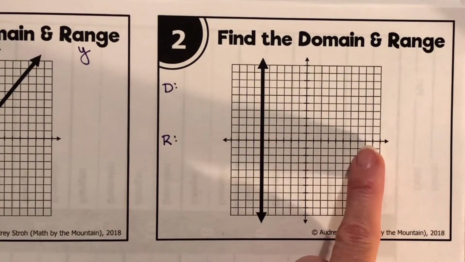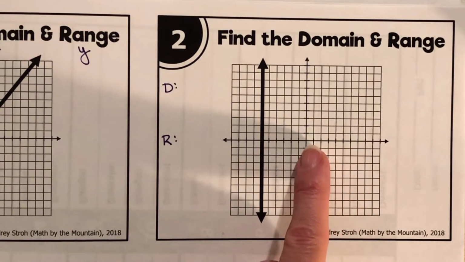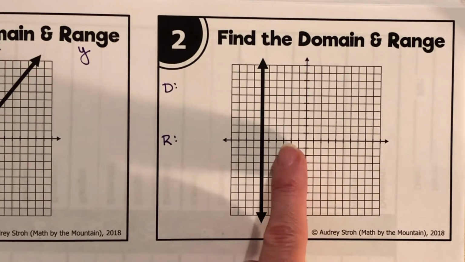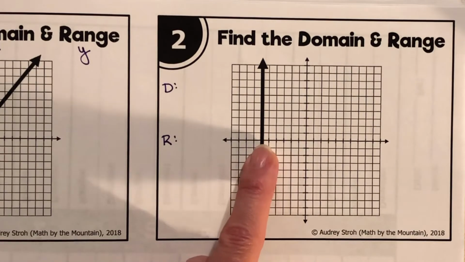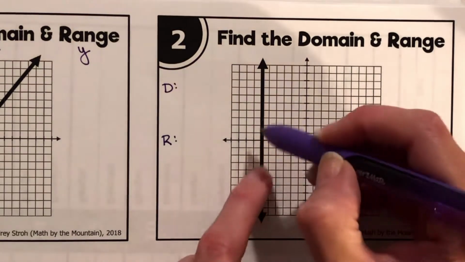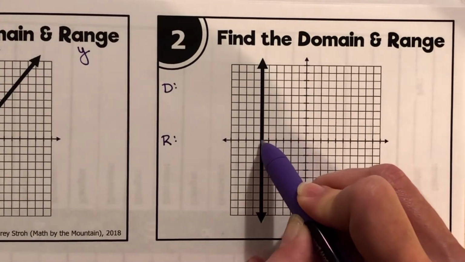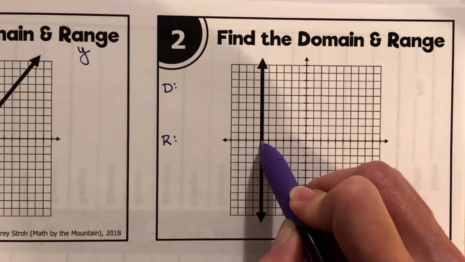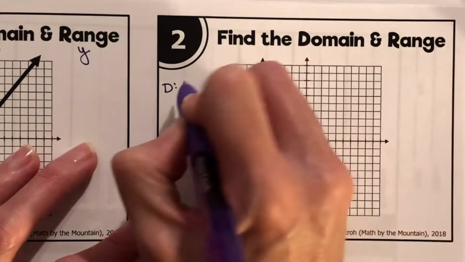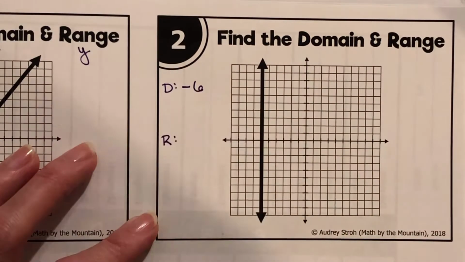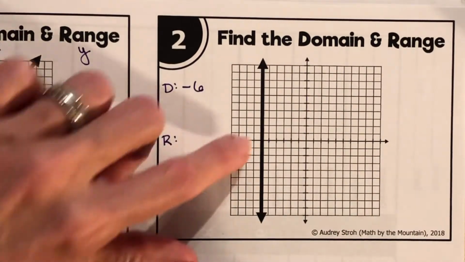I have no x values over here. I have no 0. The only x values I'm ever going to get are along this line, and it's negative 1, 2, 3, 4, 5, 6. Negative 6. That is it. The only x value I can plug in is negative 6.